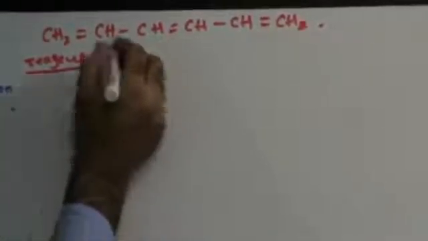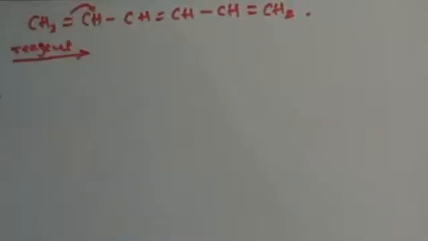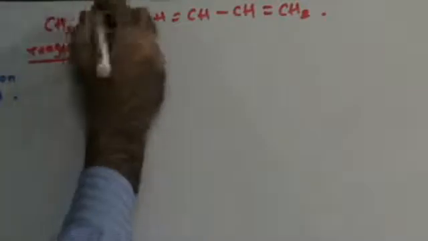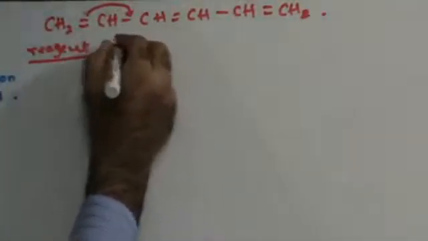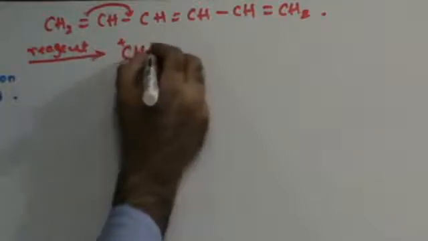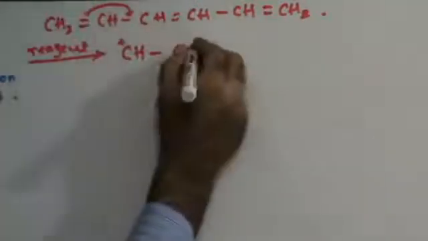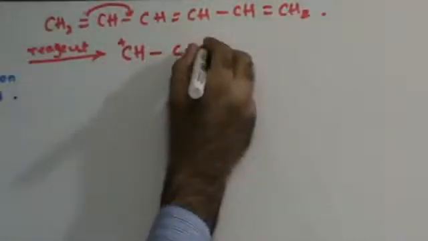In the presence of the reagent, the first CH would develop a positive charge because the electron pair would be shifted here. So this will develop a positive charge, CH2. So you will have a single bond. Since the electron pair shifted, this will turn into a double bond, right?